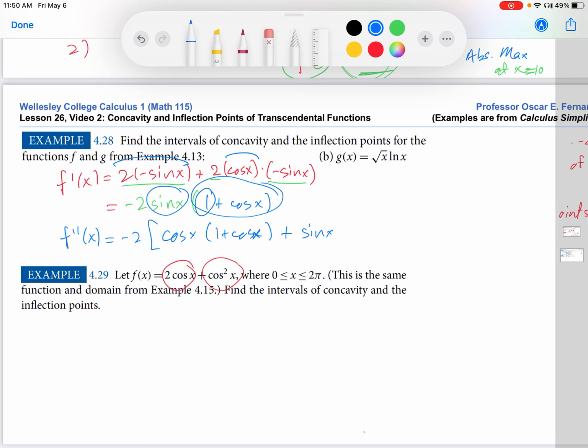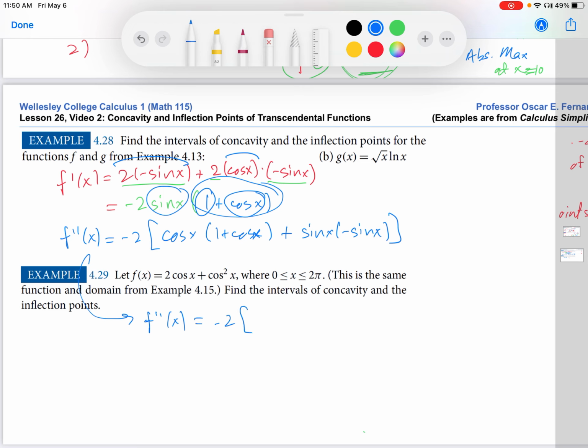The derivative of 1 is 0. The derivative of cosine x is negative sine x. There we go. Now I'm just going to simplify and collect like terms and make this look as simple as possible, because I'm going to need to set it equal to 0, figure out where it's undefined, all those steps.